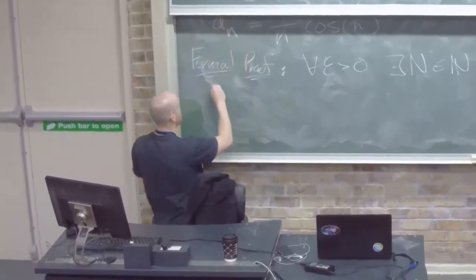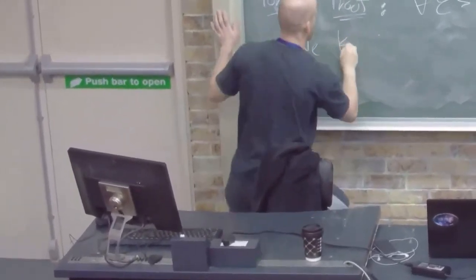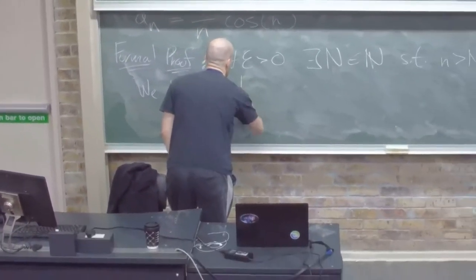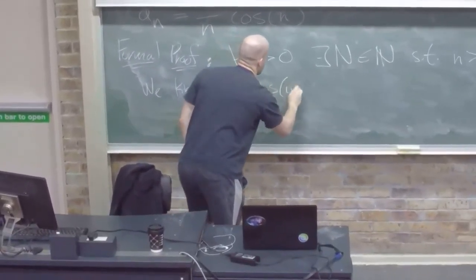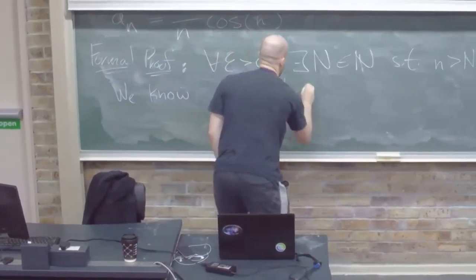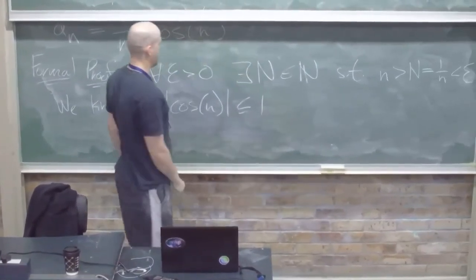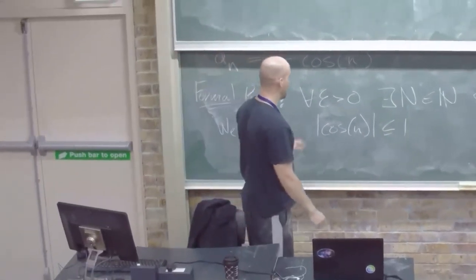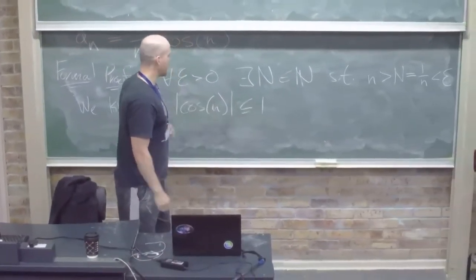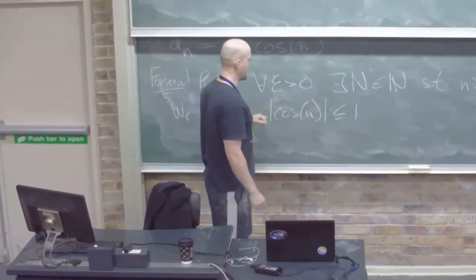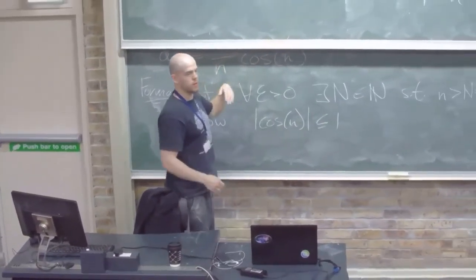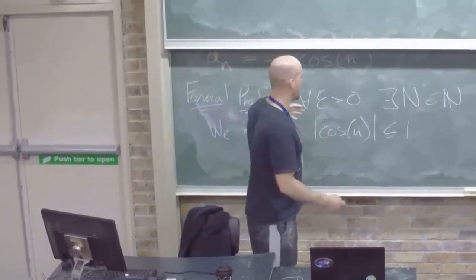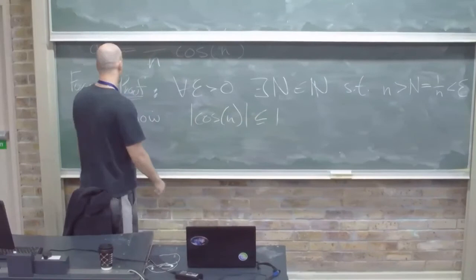And then here you would just write, we know that the absolute value of cos n is less than or equal to 1. If you're not sure and wonder whether you need to work this out, you could go through that thing we did, where we said minus 1 is less than or equal to cos n is less than or equal to 1, and that leads you to this, okay?